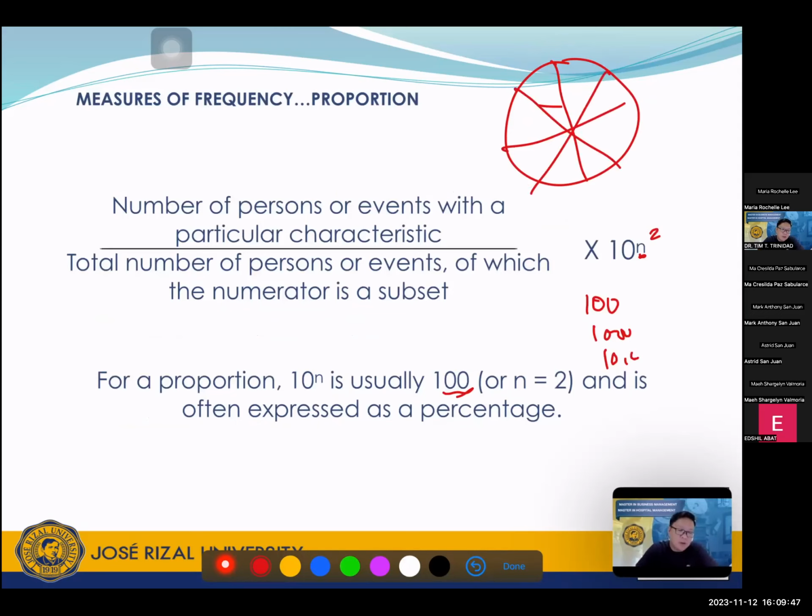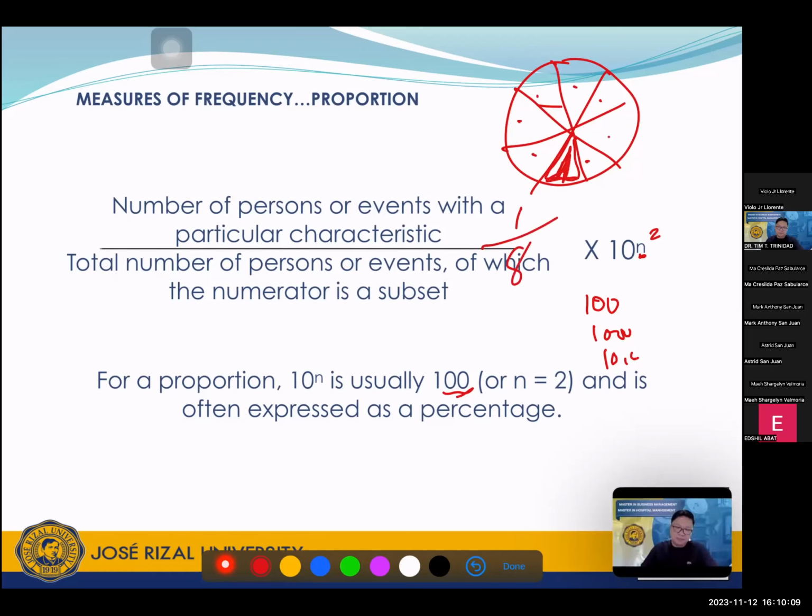Number of persons or events with a particular characteristic. So, kumuha tayo ng isang pie. So, this will become 1 out of the total number, which is 1, 2, 3, 4, 5, 6, 7, 8. 8. 1 divided by 8.